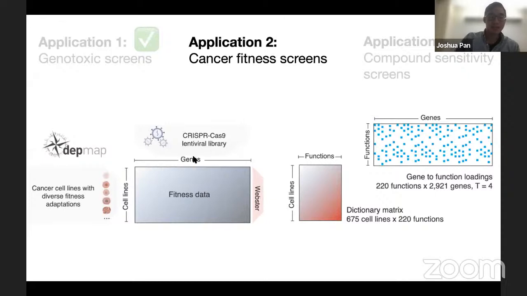And again, they've treated it with a CRISPR-Cas9 guide library to induce these gene effects. So we recover a dictionary of size 220, which was a hyperparameter that we optimized on this data set. And then for each gene effect we used up to 4 of these dictionary elements for its approximation.